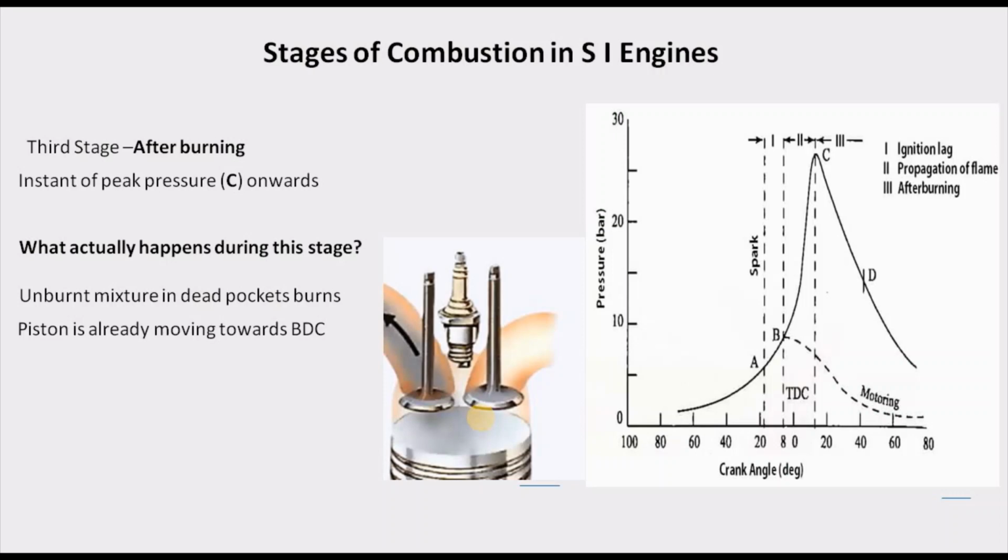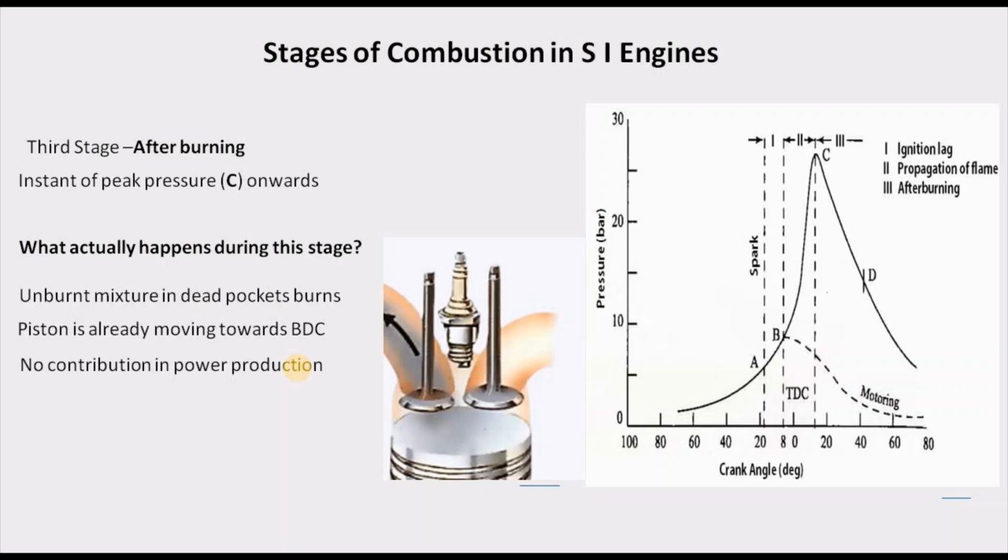But now the piston has already traveled towards BDC. From TDC, the piston has already started its travel, and therefore whatever mixture is going to burn in this stage, that is after the piston has started traveling from top dead center to bottom dead center, from here to here, we know that the pressure is decreasing, and since the pressure is decreasing, even though some amount of fuel is going to burn, it is not going to contribute to power production.